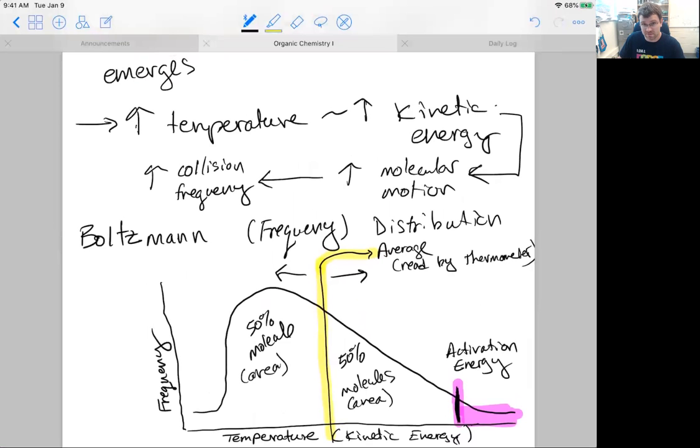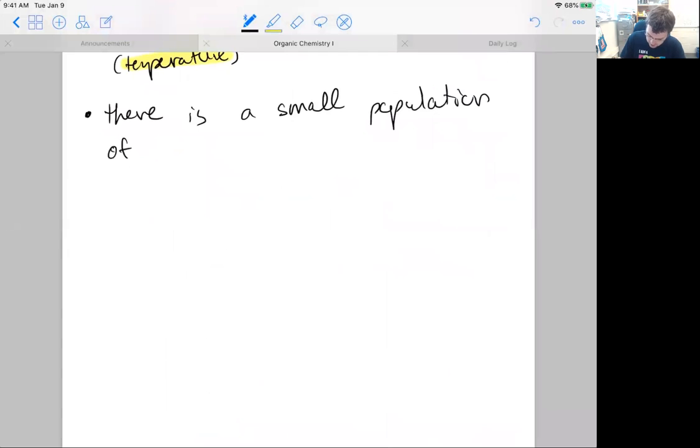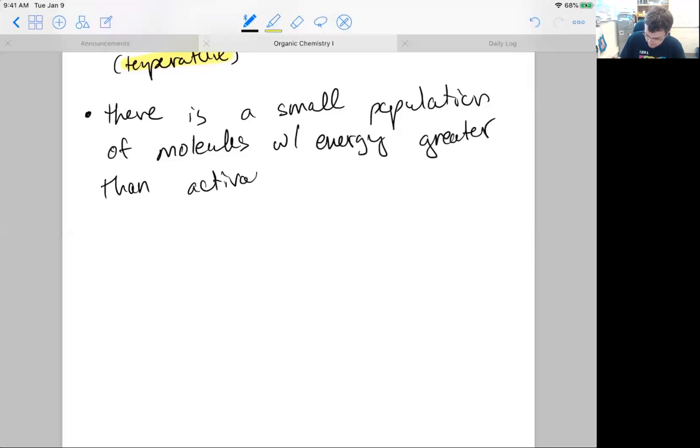Like maybe we say 5% of all of the molecules of the population have an energy above the activation energy. So there's a small population of molecules with an energy greater than the activation energy. And that region of the graph is shaded.